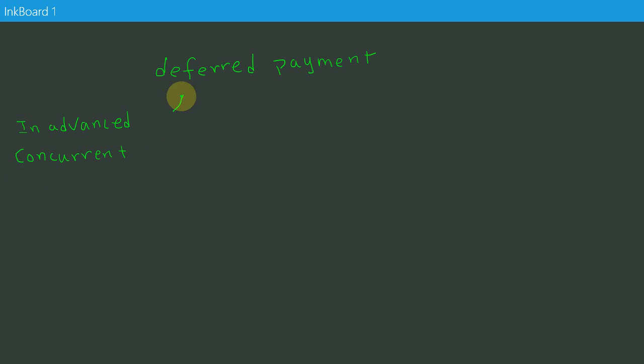The species of deferred payment are DP, DA, and the most popular payment method, called LC.